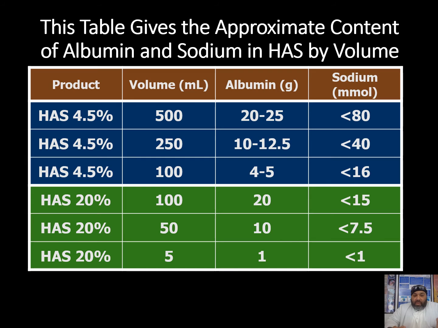For example, human albumin solution 4.5% in a 500 ml volume gives 20 to 25 grams of albumin, and less than 80 millimoles of sodium.